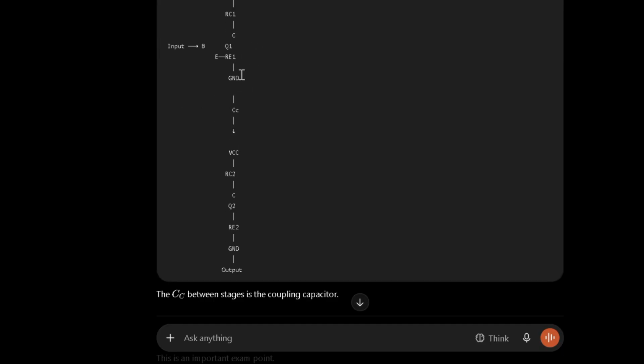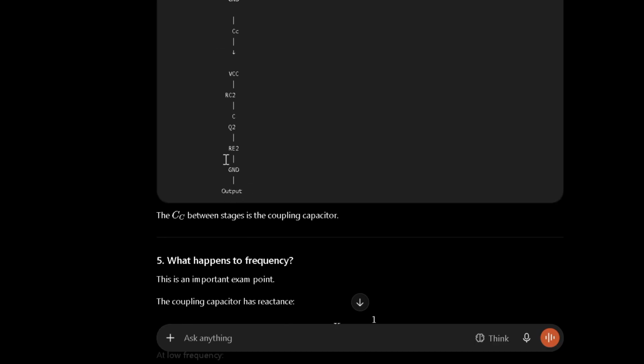The capacitor couples, and the voltage goes to RC2. The input goes to VCC of RC2, with a resistor at the collector, and it goes to the emitter and then to the ground output. The CC between stages is the coupling capacitor.